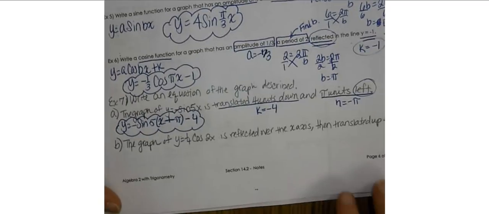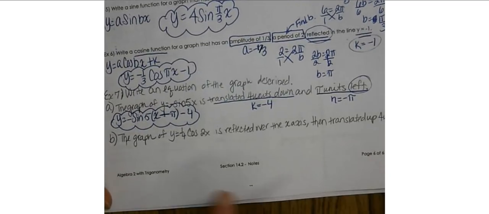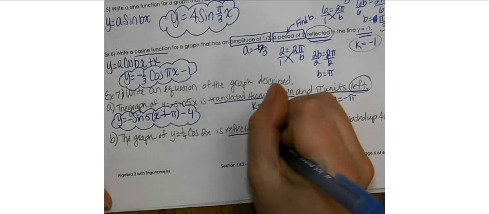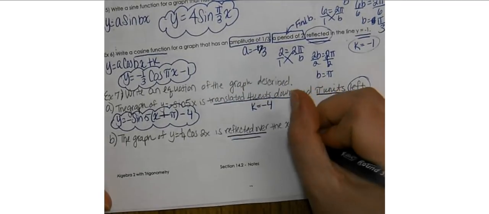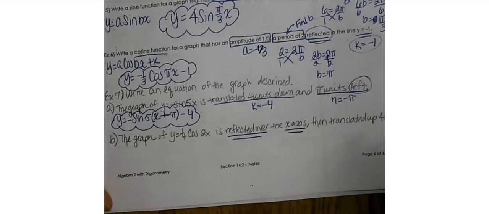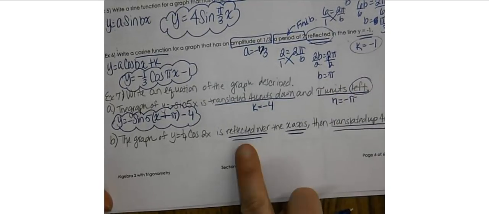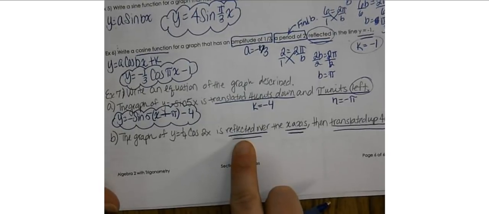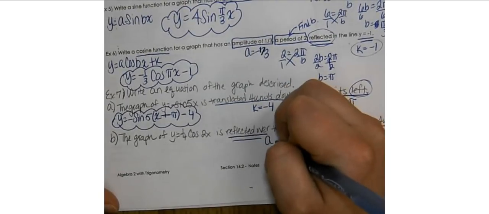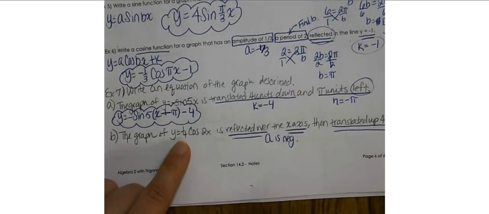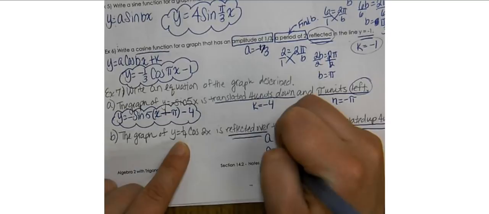And finally, we have the graph of y equals 1/4 times the cosine of 2x is reflected over the x-axis, then translated up 4 units. So we have ourselves a reflection. So that indicates that my a value will become negative. So if my a value is 1/4, my a value will now become -1/4.